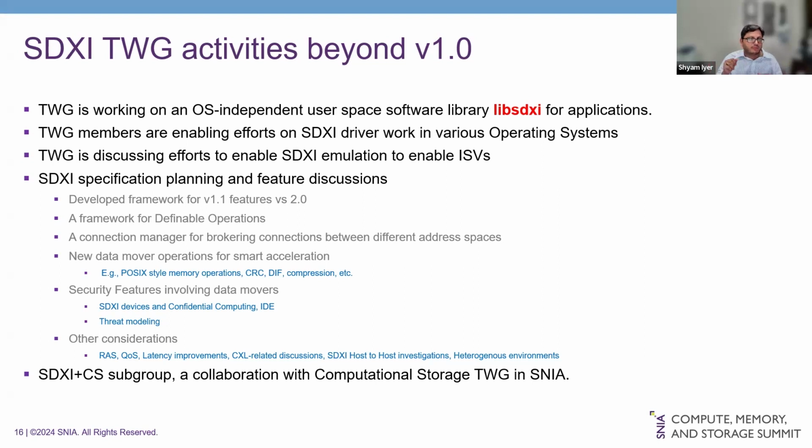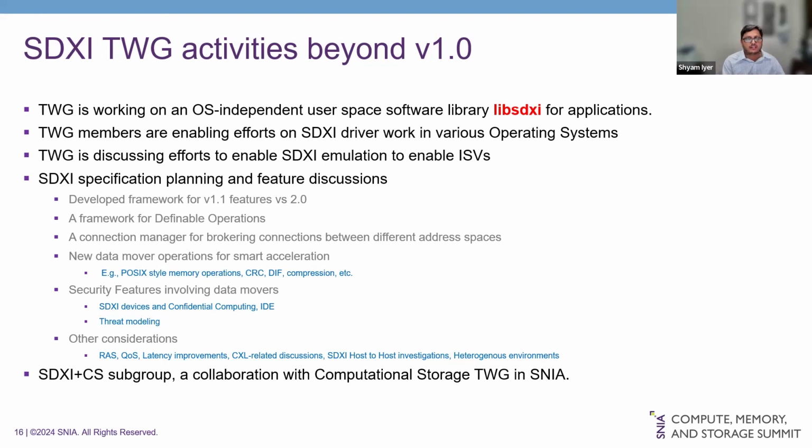In that regard, we are looking at a framework for creating operations which can be defined by vendors, and which may not be something that every vendor wants to implement in their accelerator. But the specification is working on providing a framework for different types of vendors to be able to innovate with their own set of definable operations.